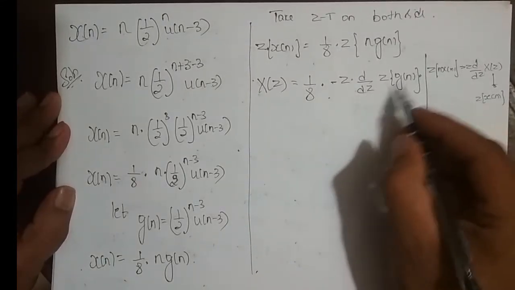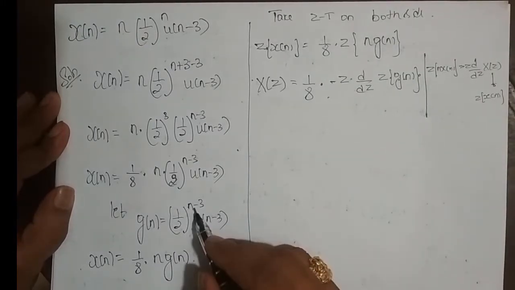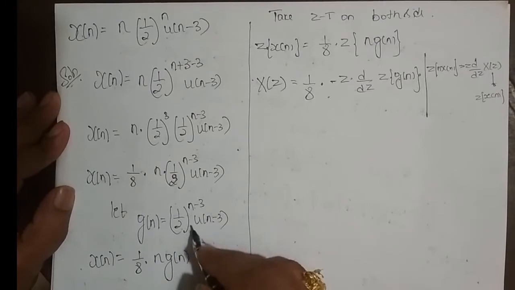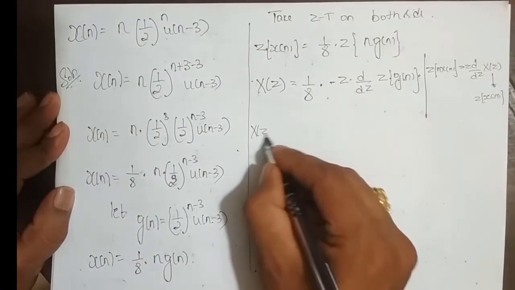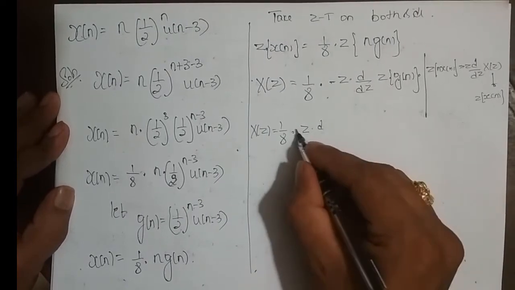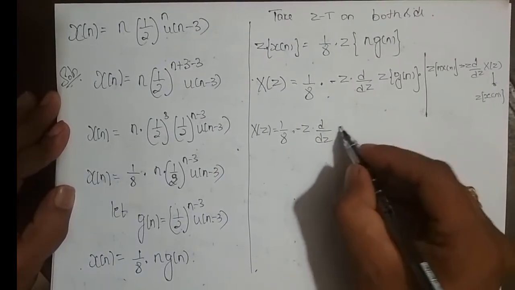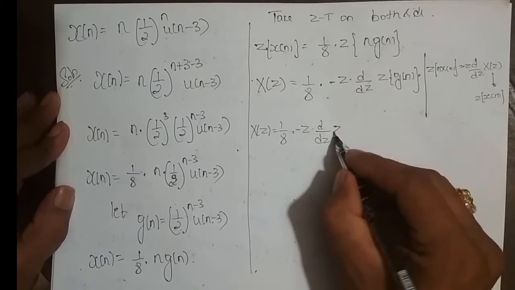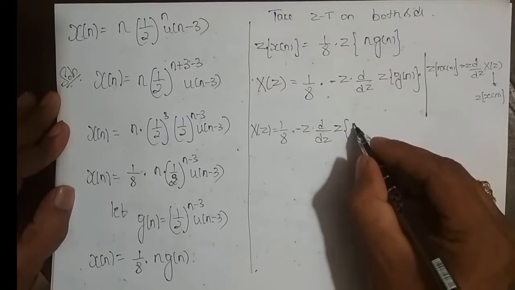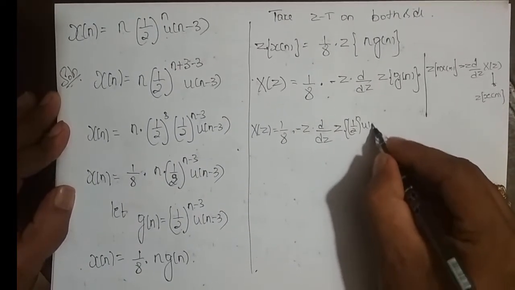Fine. So what is g of n? g of n is 1 by 2 power n minus 3 u of n minus 3. Here I can use the time shift property, right? So x of z is equal to 1 by 8 into minus z into d by dz of the Z transform of the unshifted version of the signal, which is 1 by 2 power n u of n.